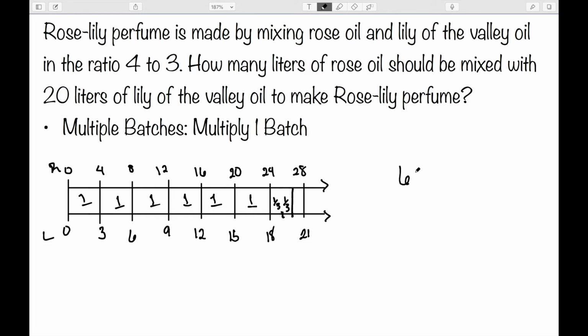So we have 6 2/3 times the ratio at the top, which is 4. Since one batch of rose lily perfume contains 4 liters of oil, we can express it as 4 times the number of batches that we want. In the previous method, 4 was the number of groups, and 20/3 was the size of one group. In this method, 20/3 is the number of groups, and 4 is the size of one group.